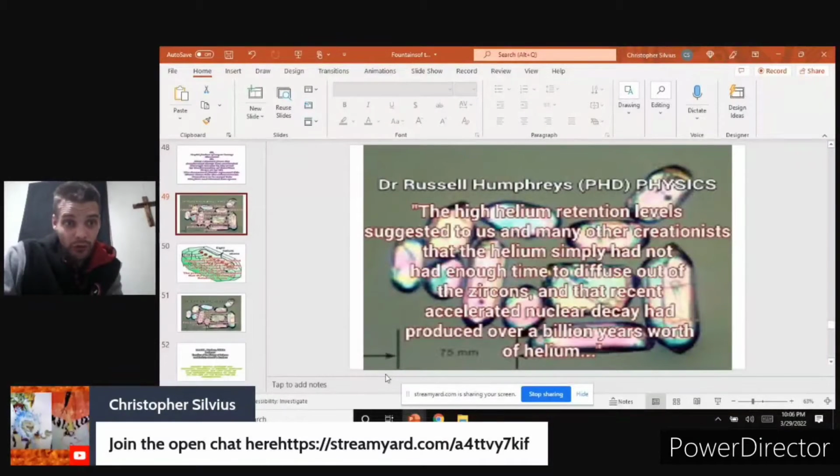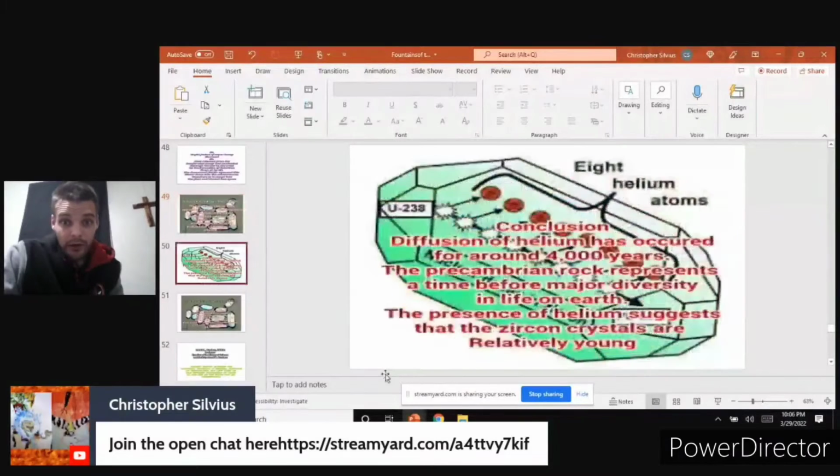So when they measure a parent-to-daughter ratio of a radioactive element, they're measuring something that has been accelerated. And so it didn't take billions of years for the parent element uranium to decay into the daughter element lead. It was actually accelerated from the geophysics occurring during a global flood.